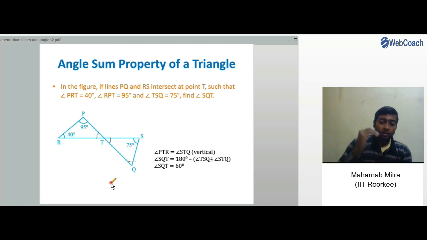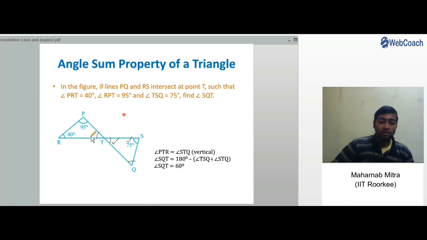Which is this 75 and the one which I've got from the earlier side. We know these two values, right? And so after calculating this, you will get the value of SQT as 60 degrees.